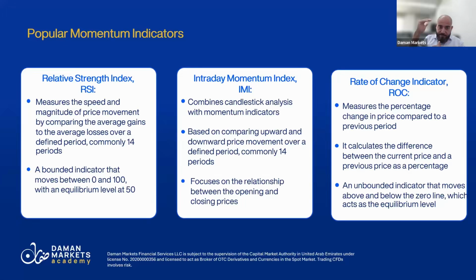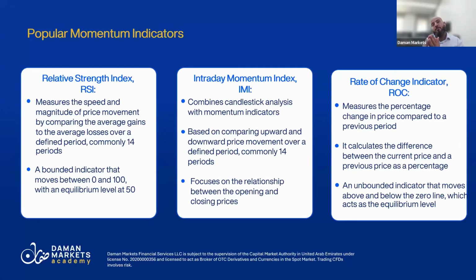And there is no cap and no floor for this indicator. It is not bounded. It is unbounded, meaning it can go up until no one knows, and it can go into the minus again without a floor. So the equilibrium level for this indicator will be the zero level.